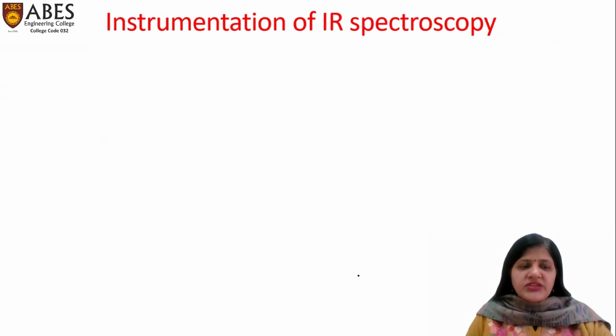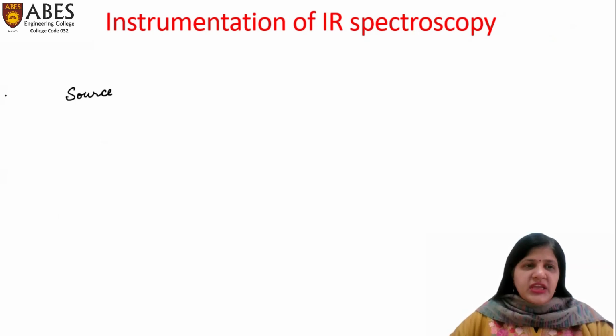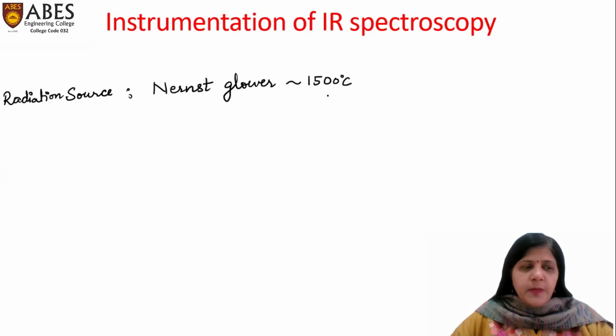If I talk about the instrumentation of IR spectroscopy, we have a source of radiation. For IR spectroscopy, the radiation source is a Nernst glower, which usually operates at 1500 degrees Celsius and releases the IR radiation.